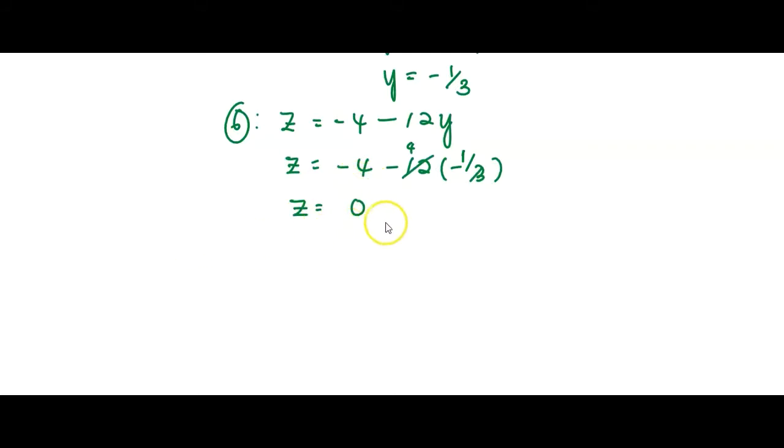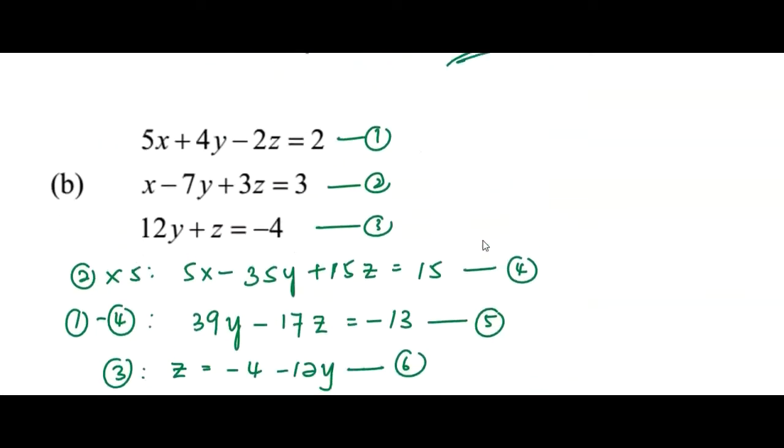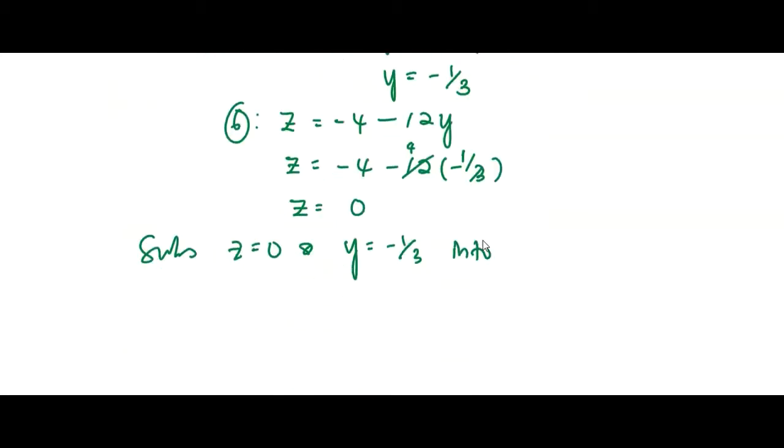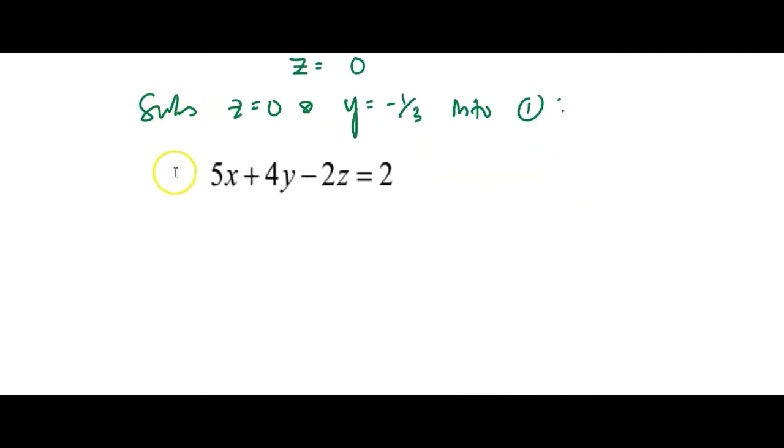Alright, then now substituting z equals 0 and y equals negative 1 over 3 into equation 1. So this is equation 1.